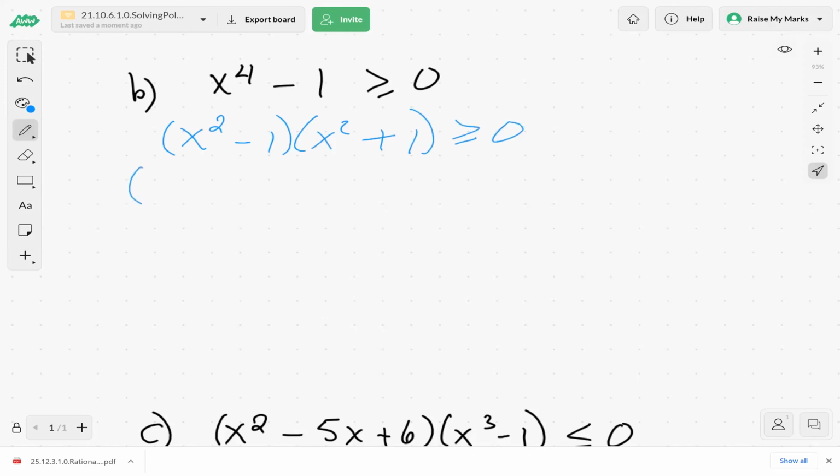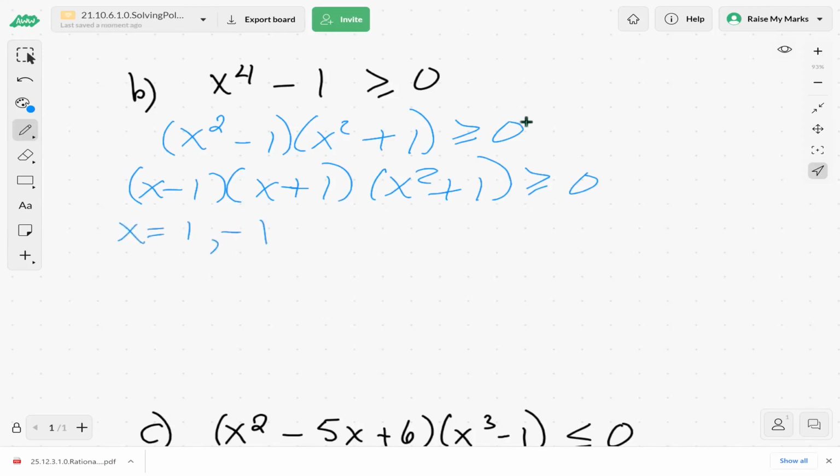X squared minus 1 is again a difference of squares. X squared plus 1 cannot be factored, so we just leave it as is. So now we have the factorization x minus 1 times x plus 1 times x squared plus 1. When does this left-hand side equal 0? When x equals 1 or negative 1.